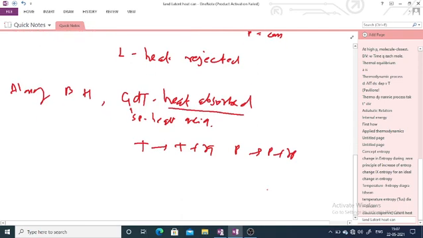So now you have to complete the one cycle. In one cycle, the total amount of heat absorbed by the substance must be equal to the summation of all the heat.